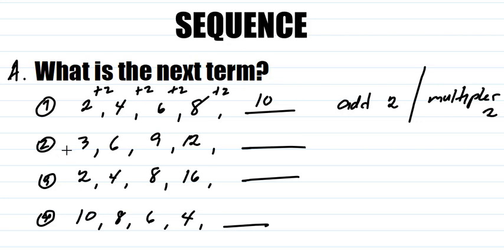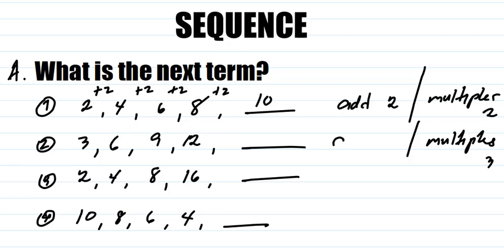Punta na tayo sa number 2. 3, 6, 9, 12. Well, napaka-simple. It's the multiples of 3. So, multiples of 3, kasi 3 times 1 is 3, 3 times 2 is 6, 3 times 3 is 9, or pwede din 3 plus 3 is 6, plus 3 is 9, plus 3 is 12.